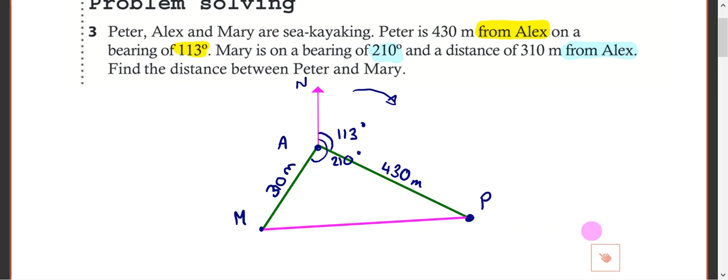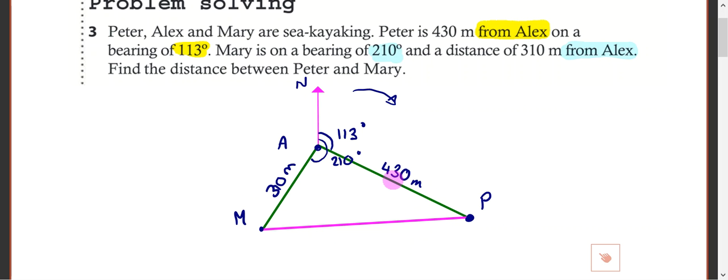Now I can't make any judgments about what type of triangle that is because I've drawn nothing to scale. So please don't look at that. But we do have a triangle, right? What do I know about the triangle? Well, I've got 310, 430.